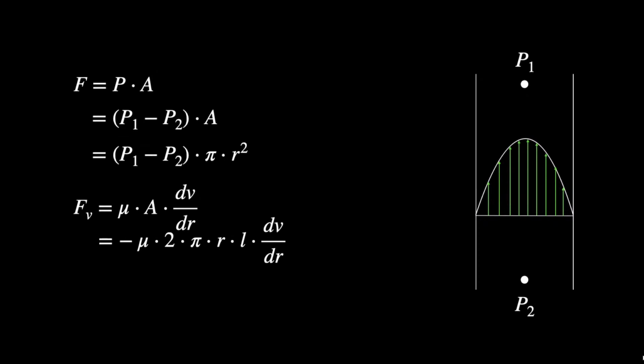And negative, because it's a resistive force, and we have taken our pressure force as positive, so we have to take this as negative. That's going to resist the motion of the fluid. That's why we have the velocity profile. So what you will see is, we have the derivative of v with respect to r.